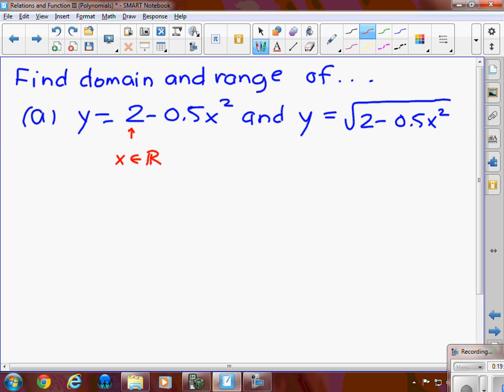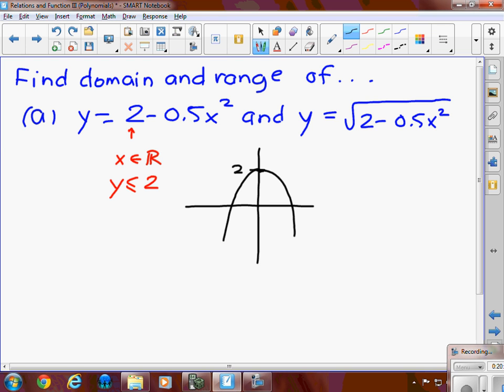My range, y is less than, but also equal to 2. And we can write it in that other notation as well if we wanted to. Okay, so if I was to sketch this graph, we're just saying we got something like this happening, with this point here being 2.